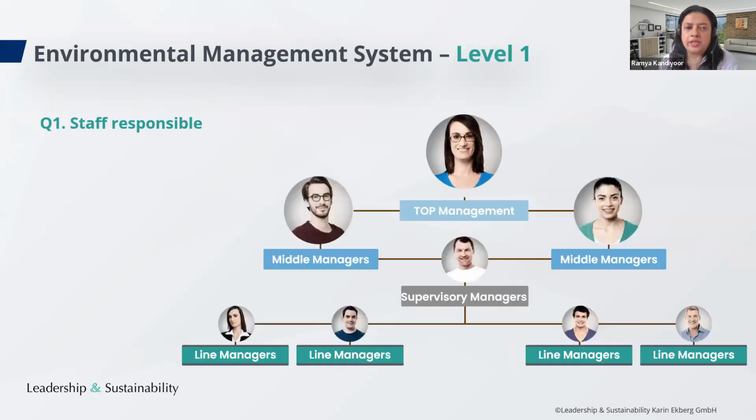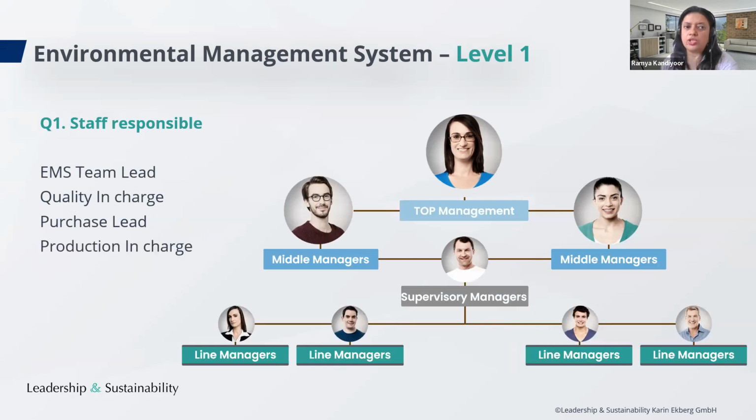And here again, you can see the staff who should be involved. You should ideally have the EMS team lead, the quality in charge, your production in charge, your purchase personnel who is in charge of purchasing goods, the ETP manager, and also the chemicals in charge. So all of them should be involved in your environmental management system.